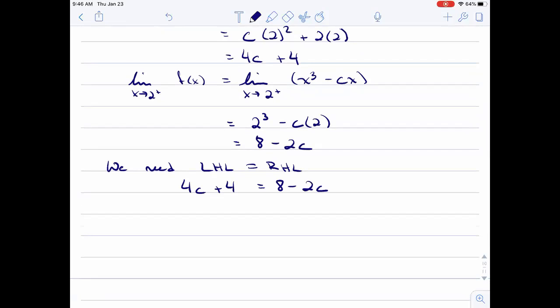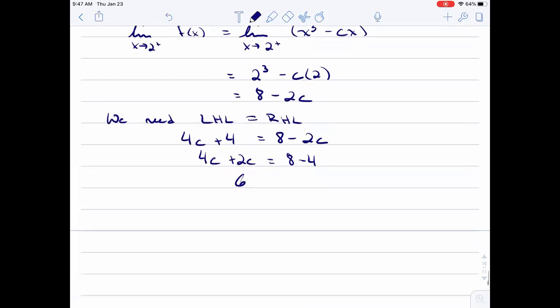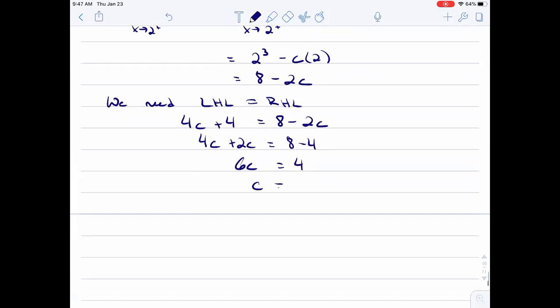If we kind of switcheroo here, I get 4c plus 2c is 8 minus 4. So I get 6c is 4. So c must be 4 over 6. Can simplify it to 2 over 3.